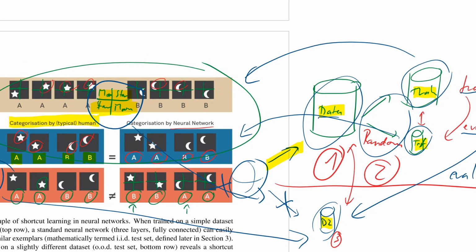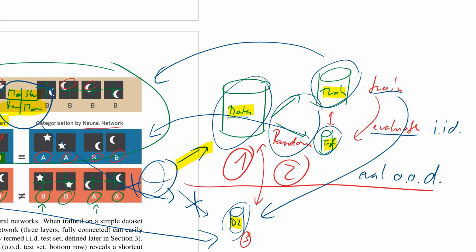It learns the position. And usually these things will not be recognized by generalizing to this test set, right? Because the test set, being an IID split from the same training set, will have these same biases. And therefore, they will only become apparent once we do out-of-distribution generalization evaluation. So this is shortcut learning.